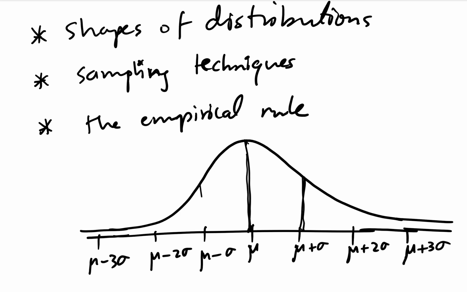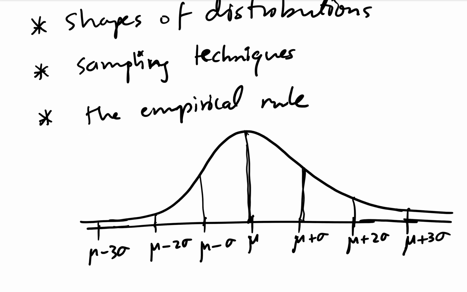There's data that shows you what percent falls in each one of them. So look for the empirical rule. Make sure you know the empirical rule and how to apply it. How do you find where the inflection points are?